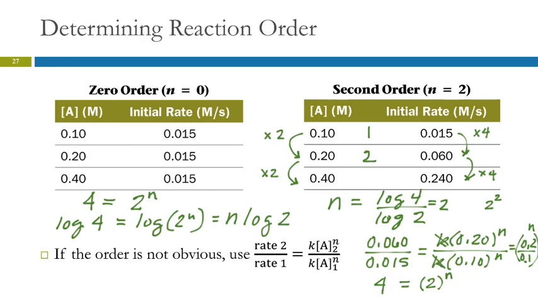Because if the exponent isn't an integer, it can get pretty tricky. And so that's when you need to do the logs. Like, we'll see one that has an order of 0.5. You should know how to do it. Any other questions?